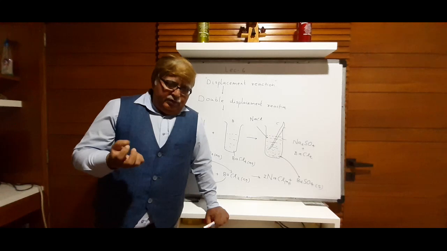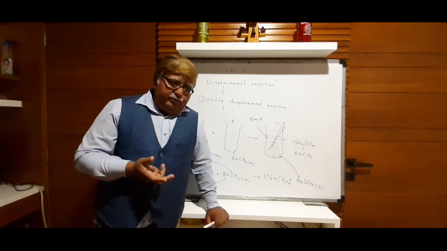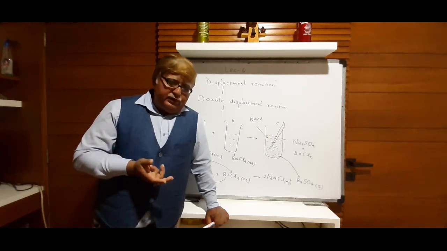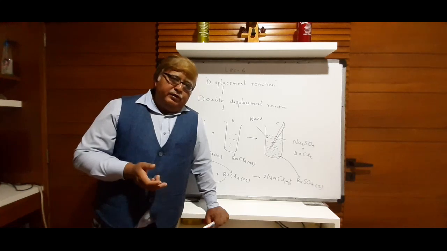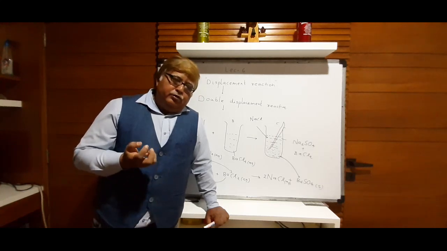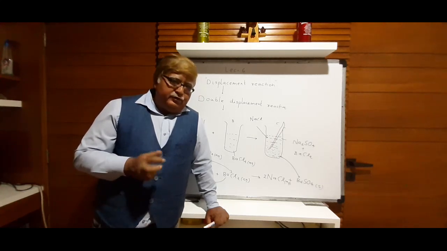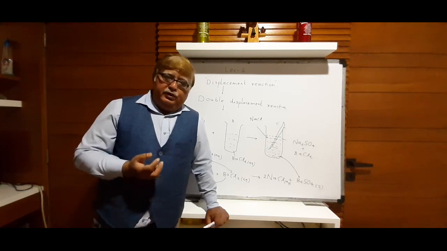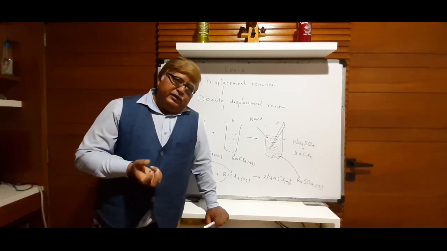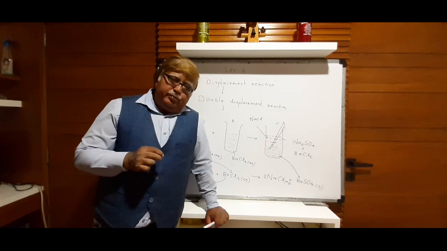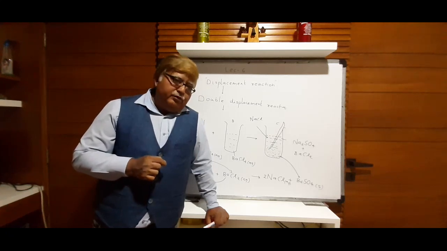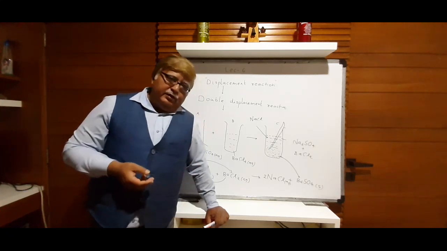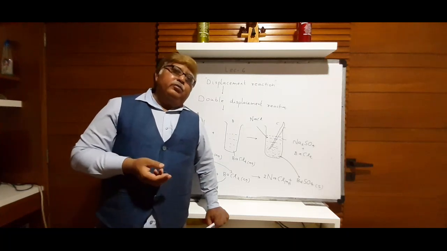And then you can give example of that, iron and copper sulfate or zinc and copper sulfate. Double displacement reaction, when solution of two compounds are mixed, exchange of ion takes place and two new compounds are formed, that is known as double displacement reaction. Understood? And then you can write this example particularly as a second point.